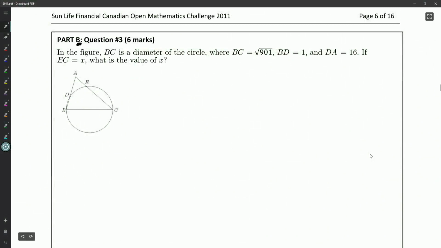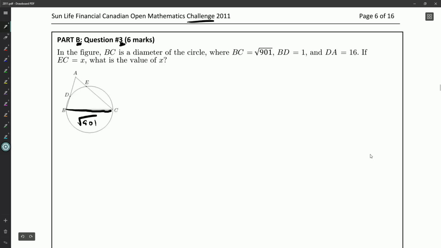We are looking at B3 on the 2011 Canadian Open Mathematics Competition, or I guess challenge, they say up here. In the figure, BC is a diameter of the circle, and we know BC is root 901. Now that is suspiciously close to root 900, which is 30.